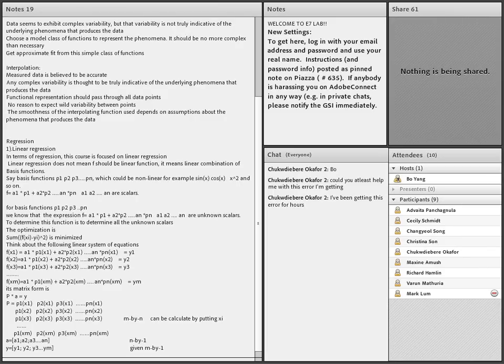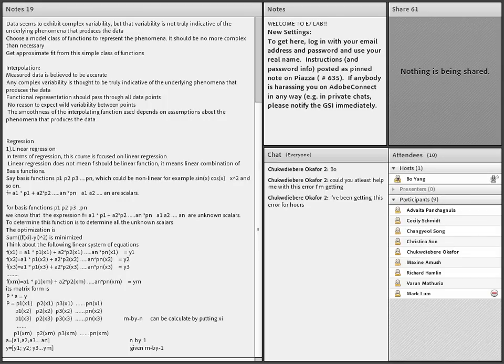These values could be calculated by putting x into the n basis functions. And same thing, we can get this P matrix, and the unknown vector is a, which is an n by 1 vector, and the y vector is just the given y data.